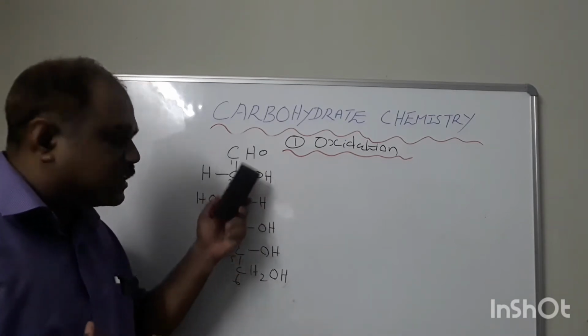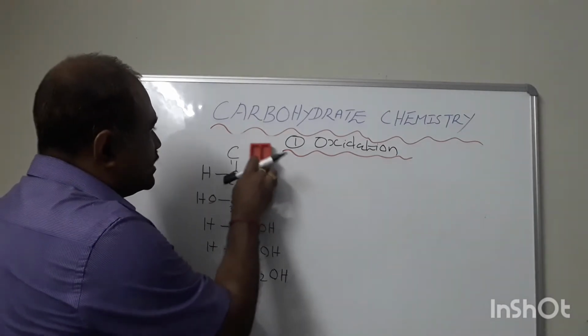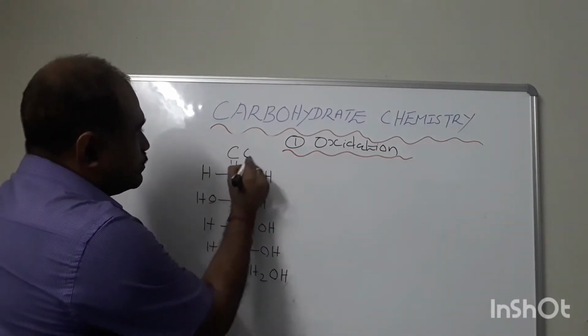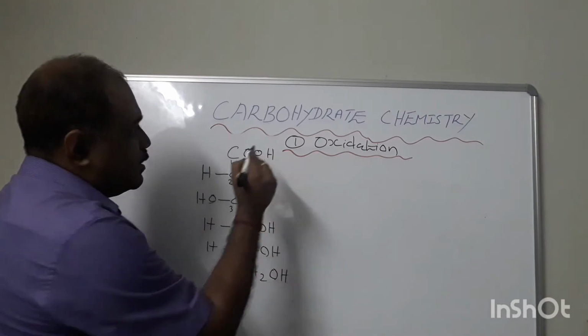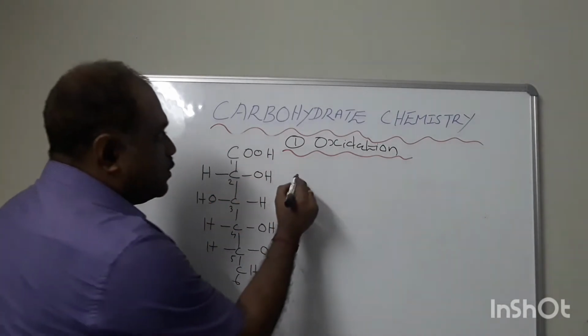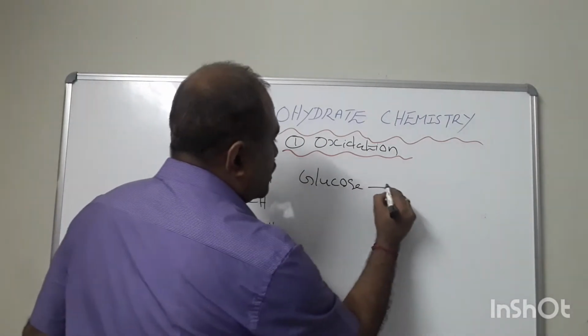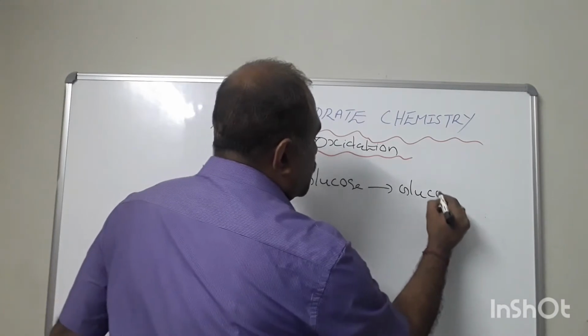I have written the structure of glucose here. This functional group is oxidized and it forms gluconic acid. So it is going to give the corresponding aldonic acid. For example, glucose gives gluconic acid.